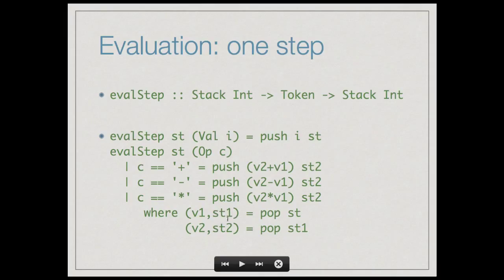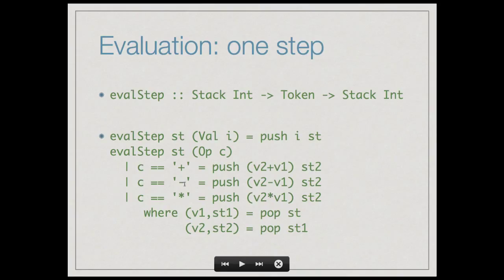So st1 is what you get if you remove the top element from st, and st2 is what you get if you remove the top element from st1. So v1 and v2 are the top two elements of the stack, and st2 is the stack that you obtain after you remove the top two elements. So you remove the top two elements from the stack, add them and push the result onto the stack. So push v2 plus v1 onto st2.